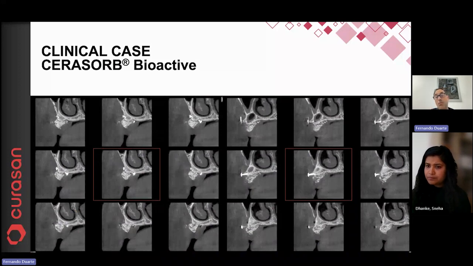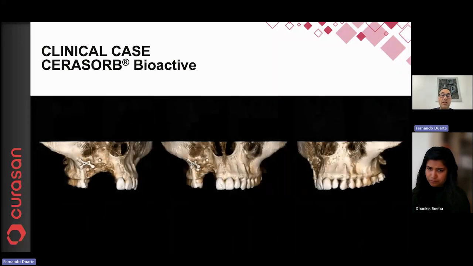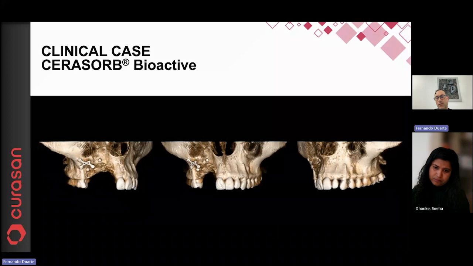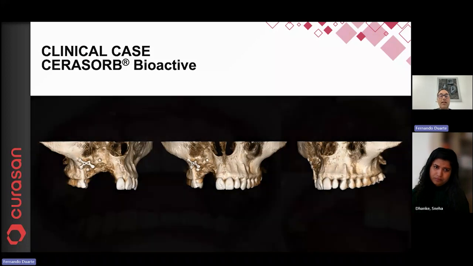Cut by cut, we analyze how our bone was kept, and we noticed that the silica gives more volume to the bone graft, and of course we need the patient's collaboration. In the 3D, and we will see in a few slides how was the evolution of the patient, here we can see how the bone graft was consolidating.